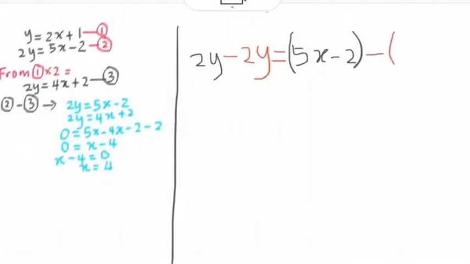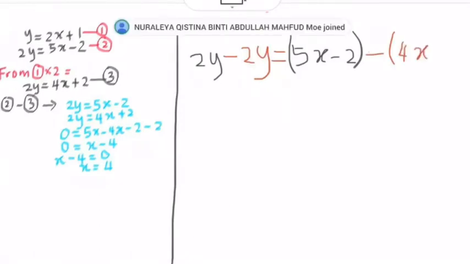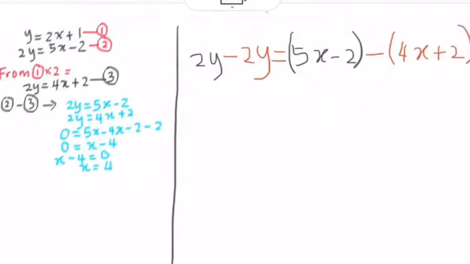Equation number 3 on the right side is 4x plus 2. Okay, nampak tak? Yang hitam tu equation 2, minus equation 3. Yang merah tu, the red pen, is equation 3.